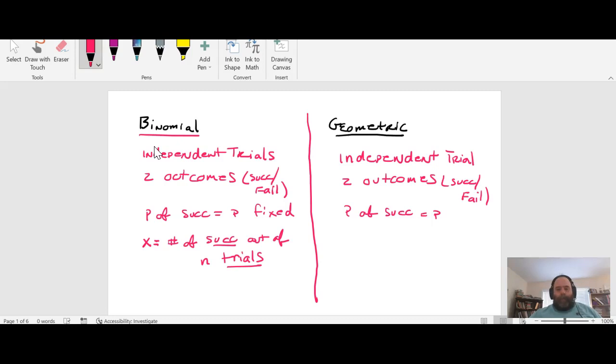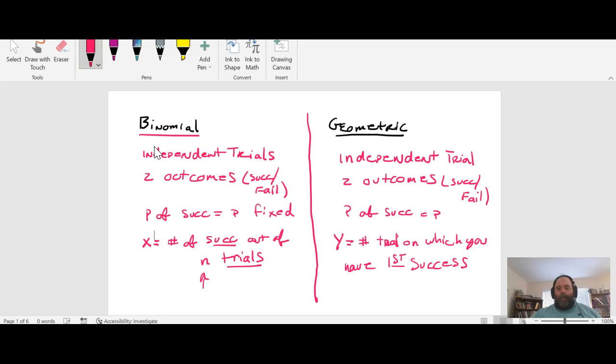In geometric, y is the trial on which you have the first success. Okay, so here it's a fixed number of trials, n.